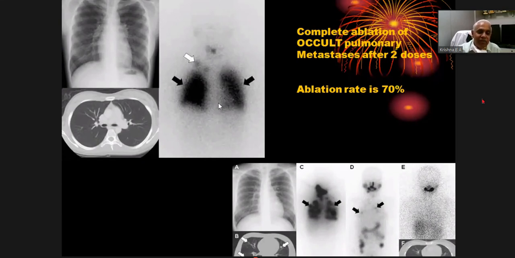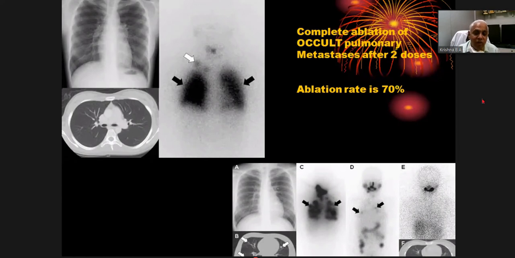And number two, this is an asymptomatic patient. So why does one worry? But when you treat a patient of occult pulmonary metastasis, that is negative on the chest X-ray and on the CT, but on iodine scan alone positive, when you treat such a patient with radioiodine, you ablate the disease completely in 70% of the patients, compared to those patients who have already disease on the X-ray or on the CT, where the nodules are already seen, and when you treat those patients, your ablation rate is just around 25 to 30%.